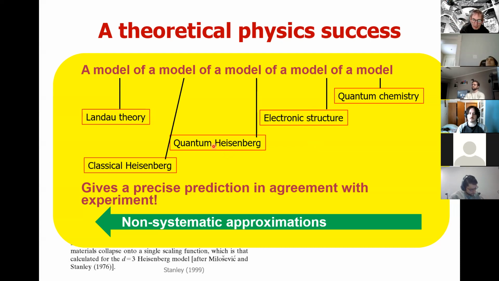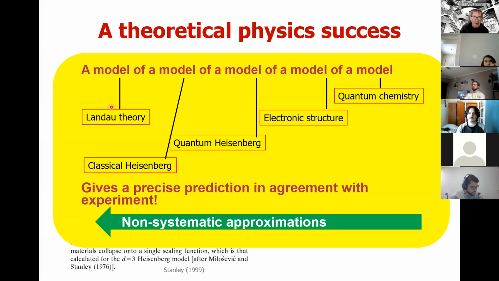So we get a model of quantum spins, which is a quantum Heisenberg model, and that's too hard to solve. So let's just throw away the quantum mechanics and just make it classical, and that's too hard to solve. So then let's make a coarse grained theory of it, which is Landau theory, which is kind of what we were doing at the beginning of today's lecture when we tried to make a theory for how you fit the magnetization curve.